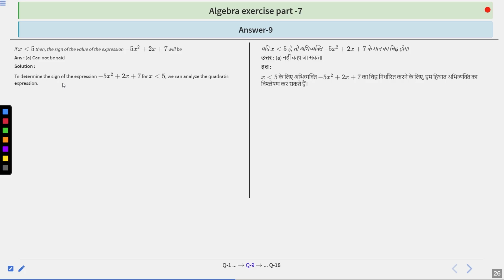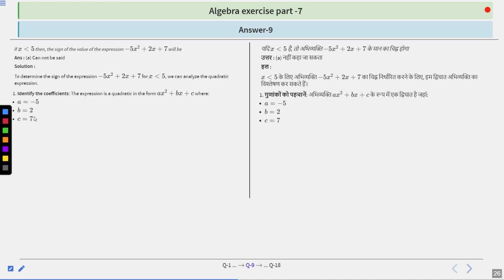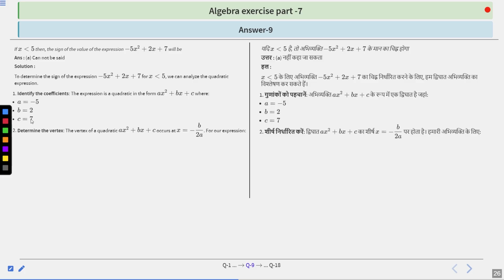To determine the sign of the expression minus 5x square plus 2x plus 7 for x less than 5, we can analyze the quadratic equation. First, identify the coefficients. The expression is a quadratic in the form ax square plus bx plus c, where a is equal to minus 5, b is equal to 2, and c is equal to 7.